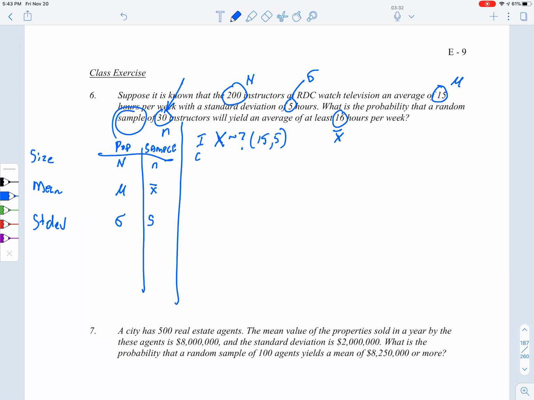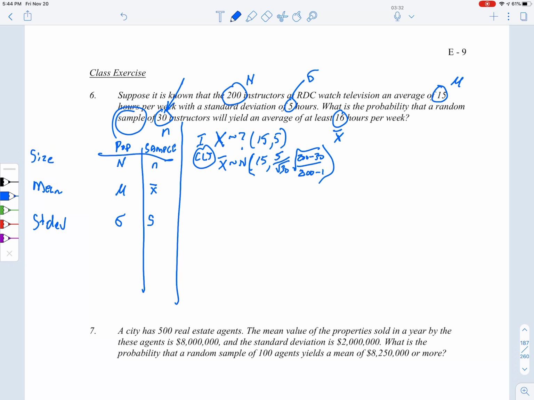But the CLT kicks in. And the CLT will say that the x bar will be normally distributed with a mean of 15 and a standard deviation of 5 divided by the square root of 30 times your FPC factor, which is the square root of 200 minus 30 over 200 minus 1.